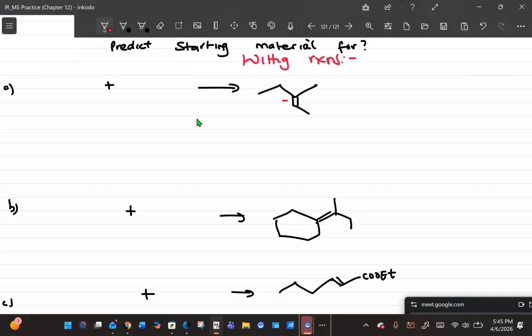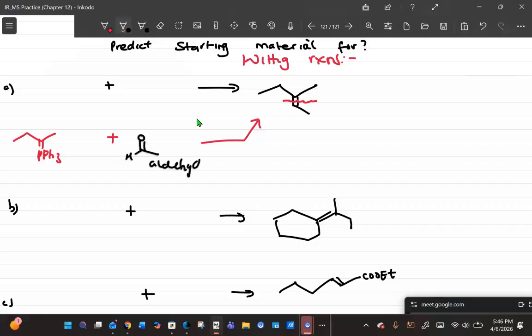So what I'll do, I'll cut it. And you can have two ways to this product. I can make my ylide the top part. And then the bottom part, I can make my carbonyl. See, that's an aldehyde.